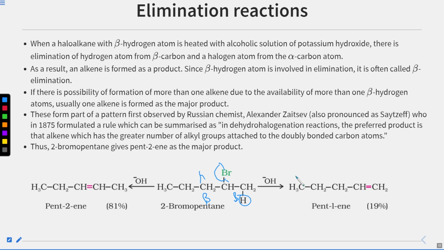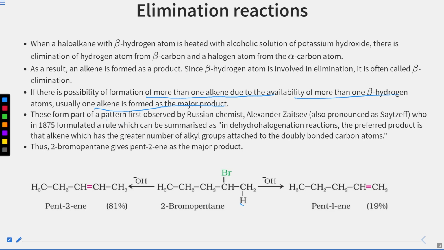This was finalized by the Saytzeff rule. Both possibilities are possible in different cases, depending upon the substrate, reagent and conditions. Generally we get the more substituted alkene. There is a possibility of formation of more than one alkene due to the availability of more than one beta hydrogen. Usually one alkene is formed as the major product.